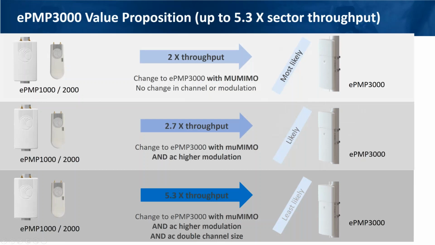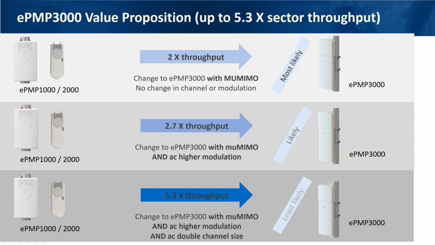This slide is important, but it really is a positioning and a comparison. If you look at what you have today on an ePMP 1000 or 2000, very quickly, by putting in a 3000 with the corresponding subscribers, you're able to get multi-user MIMO and double your sector throughput. If you end up getting higher modulations, such as 256 QAM, you could increase that by another factor.